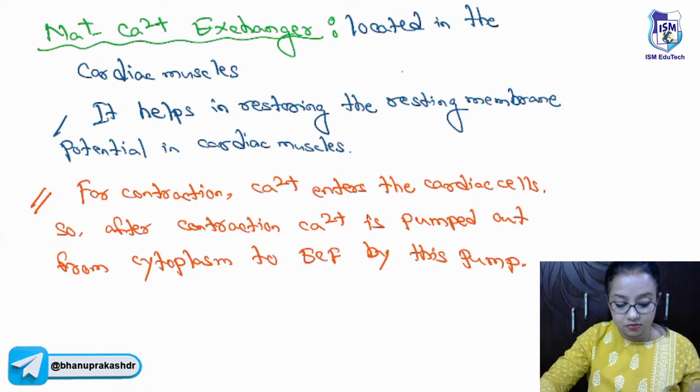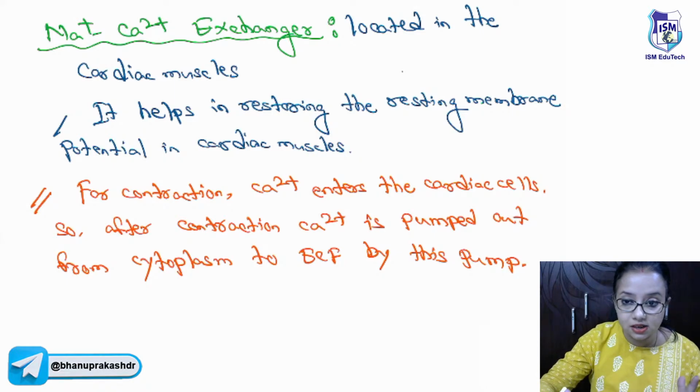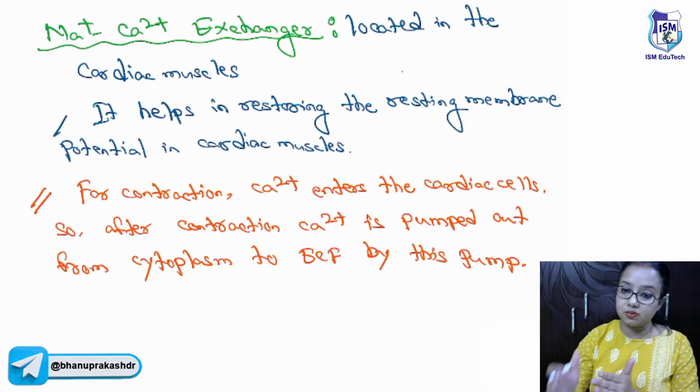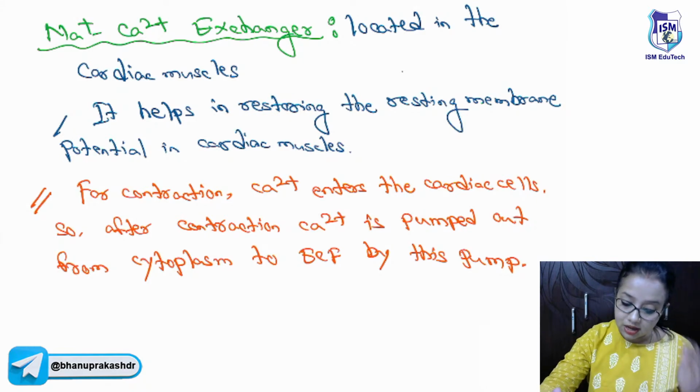But here, after the contraction is over, a lot of calcium stays in the cell. Some is removed by the SERCA pumps and all, which we will study eventually, and a large quantity of it is thrown out, pumped out from the cardiac muscle cells, from the cytoplasm into the ECF by this sodium calcium exchanger.